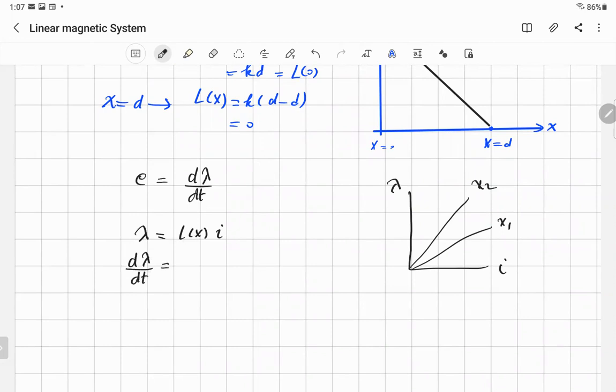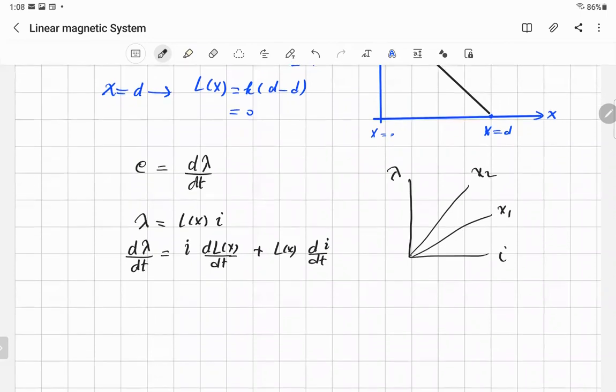So I take the first I as constant and differentiate the first, dL by dt, and then I let L of x be constant and differentiate di with respect to dt. That's how we find the differentiation of a product.